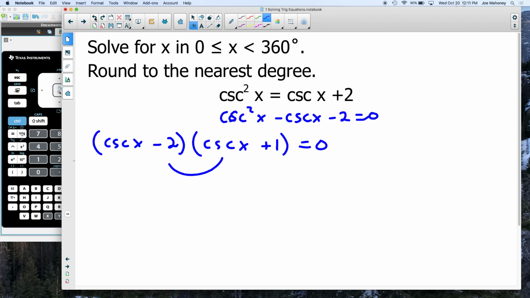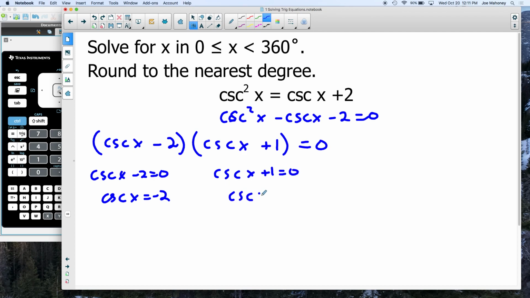And they combine to give me negative 1. Cool. All right. So if I start solving this equation then, cosecant x minus 2 equals 0, so cosecant x equals 2. If I solve the other one, I'm just going to get them to the same spot. Cosecant x equals negative 1.